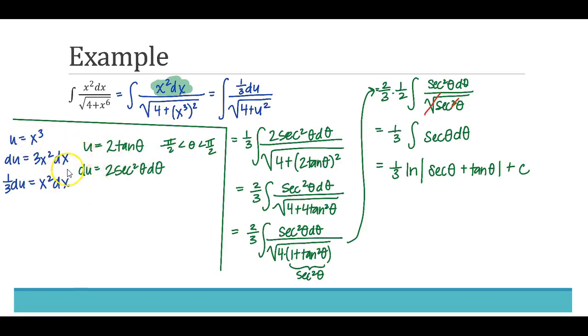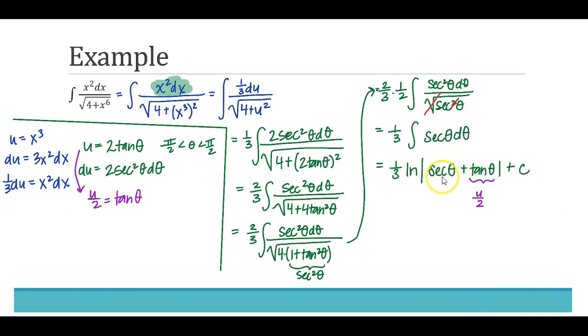So the first thing is I'm going to rewrite this as u divided by 2 is equal to tangent theta. And so that's going to let us replace tangent theta with u over 2, so that's not too bad. So tangent theta right now is going to get replaced with u over 2.